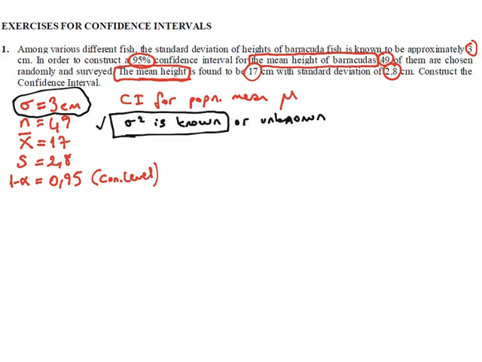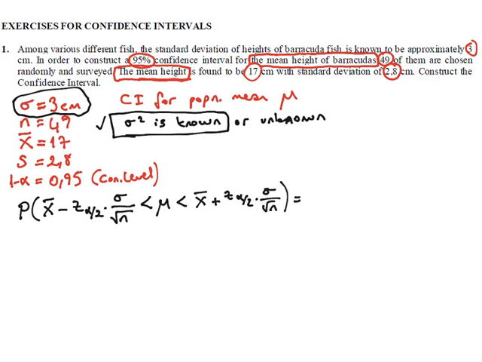So since it's known, our formula will be probability x bar minus z alpha over 2 times sigma over square root of n is less than mu is less than x bar plus z alpha over 2 times sigma over square root of n, which is equal to 1 minus alpha. You can check these formulas that I've already uploaded on Moodle.